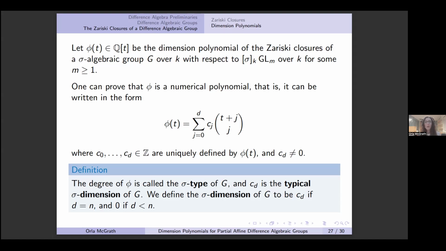Luckily, when we look at this correspondence between additive difference algebraic groups and difference modules, we actually get that this dimension polynomial, and in particular these invariants of the difference algebraic group, agree with those of the corresponding module. So this is a generalization of those results for difference modules.